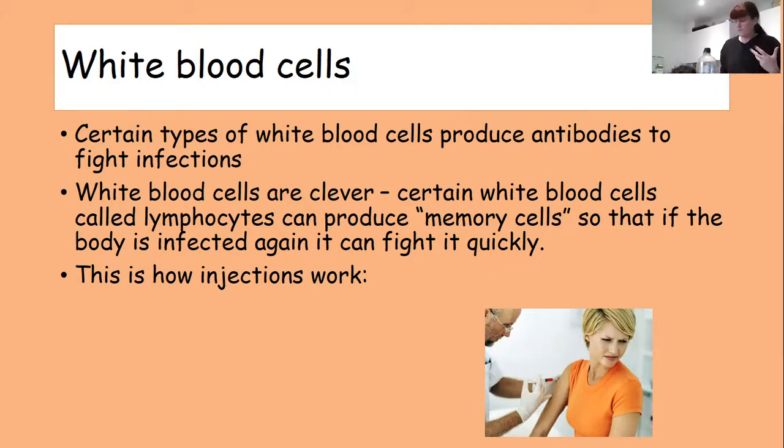And that's a very important job for your white blood cells, because when you get injected with the vaccine, your white blood cells will go and fight the COVID, because you get a tiny amount, and it's not actually live. It won't actually make you poorly. They've taken out the bit that actually makes you poorly, but it doesn't matter because your white blood cells get to know the COVID, they fight it. And so then if you get COVID for real, your white blood cells are like, ha, we know how to fight this one, and they will stop you getting poorly.